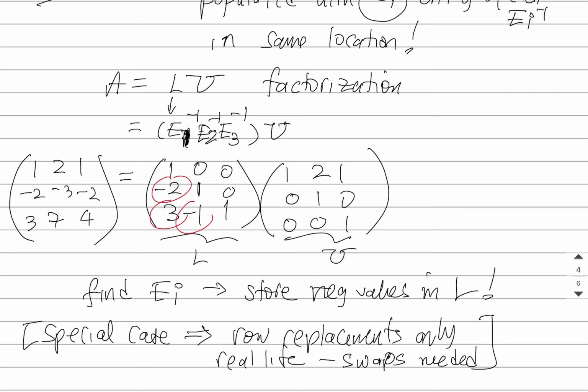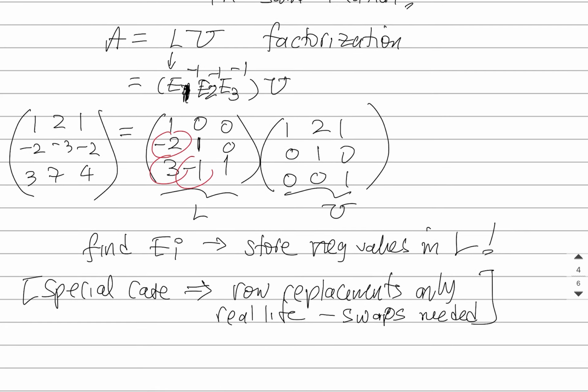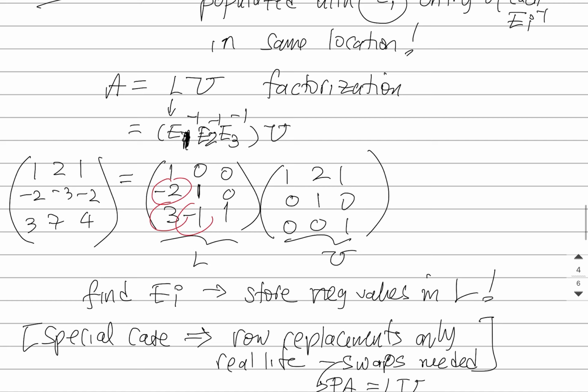And when you do it with swaps, you're going to need what's called a permutation matrix. So you're going to have to store the order for the swaps in a special matrix here. But the point of the story is it takes this dense matrix and it writes it as two structured matrices. Why that's important and why that's useful is what I'm going to show you next.